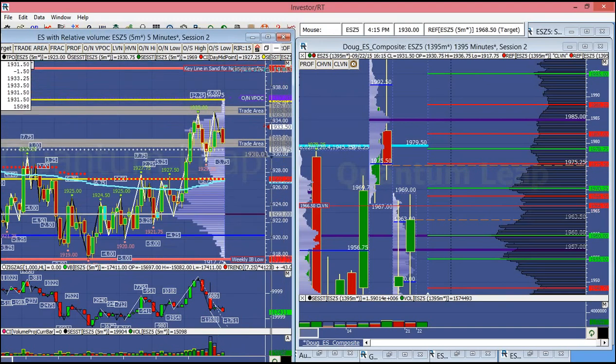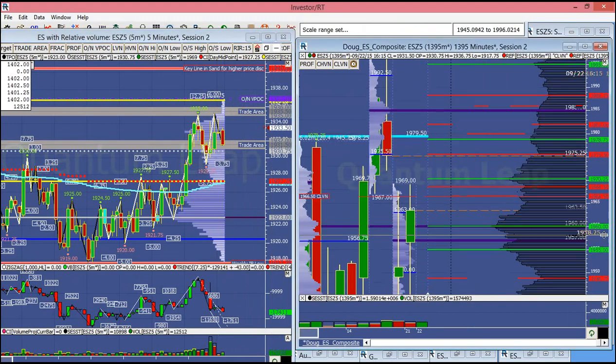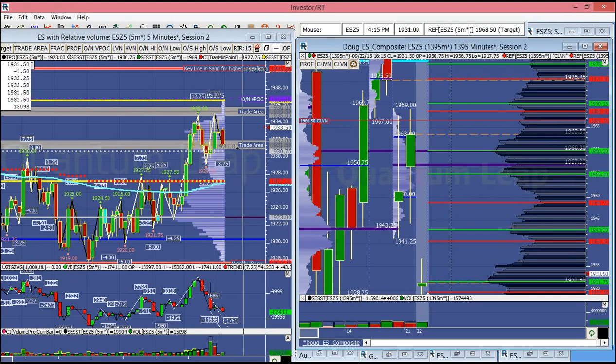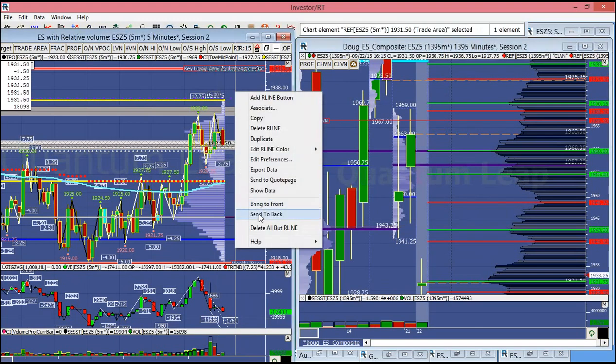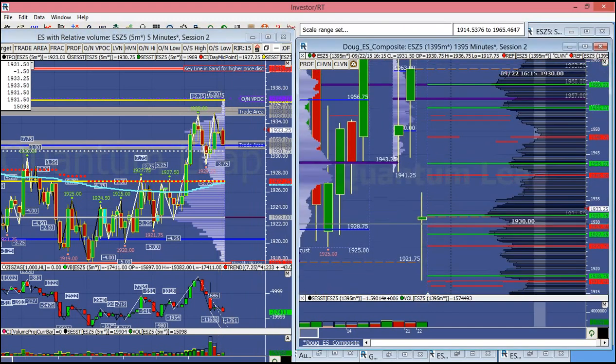If we get below this 31 value area low, that takes out our naked close if we come down here and test that. And then if we get down here, there's not much holding us up.